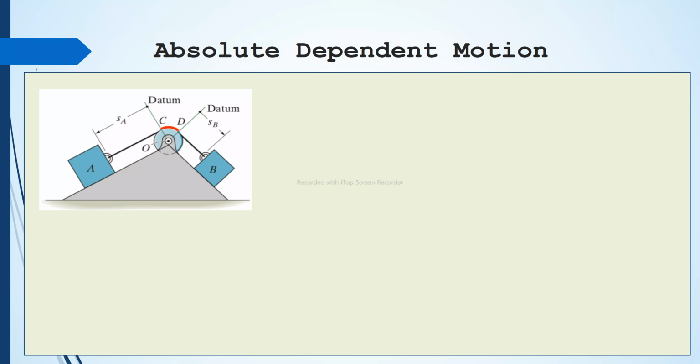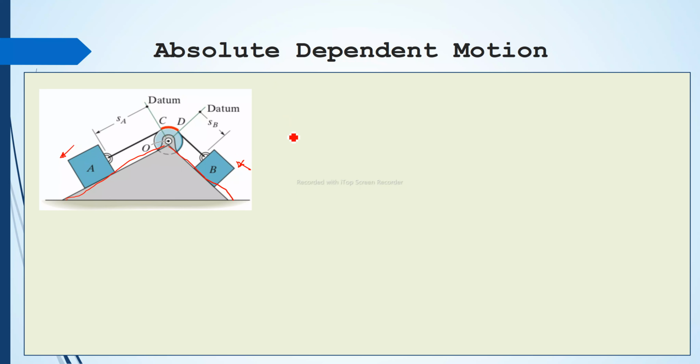So what happens if A moves or B moves? As you can see, if A moves to the left or downwards, B moves upwards along this inclined surface.